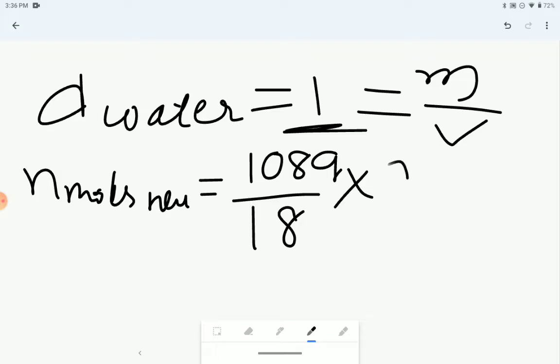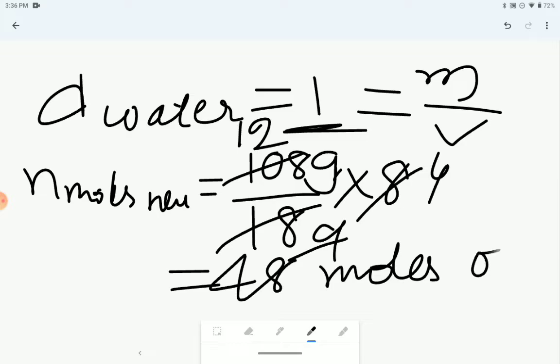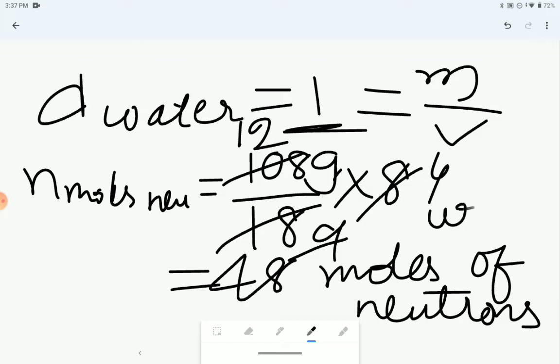So 8 neutrons are there for each molecule, that is, in every mole, 8 neutrons are present. By cancelling this out, 2 9s, 2 4s, 9 12s, 108 actually, in 12 into 4, which results in 48 moles of neutrons. Totally 48 moles of neutrons were present.